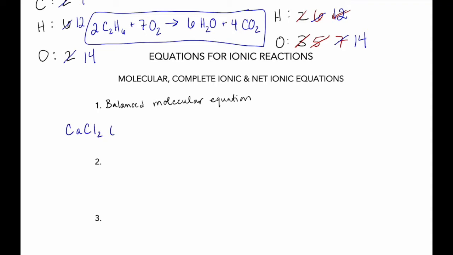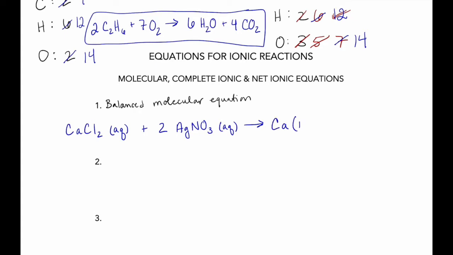We have calcium chloride, and this is aqueous. That means it's a solution in water, plus 2 silver nitrate. That also is aqueous, which is in water.